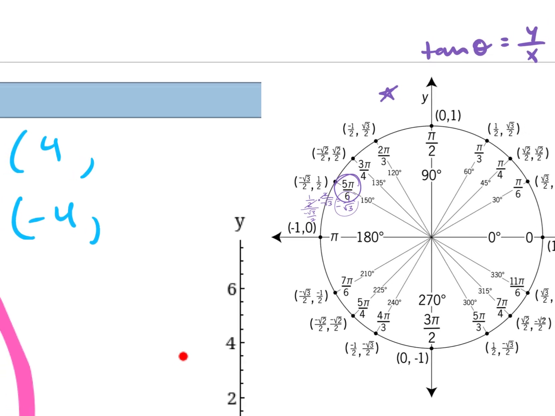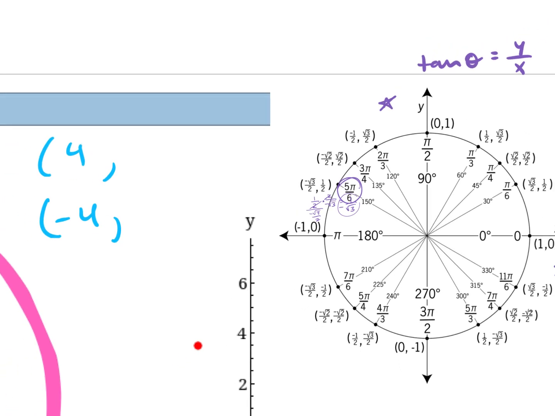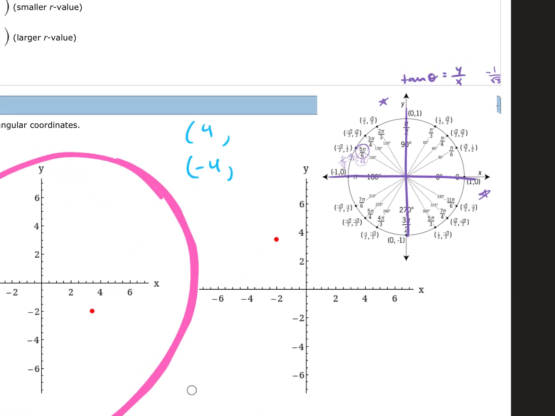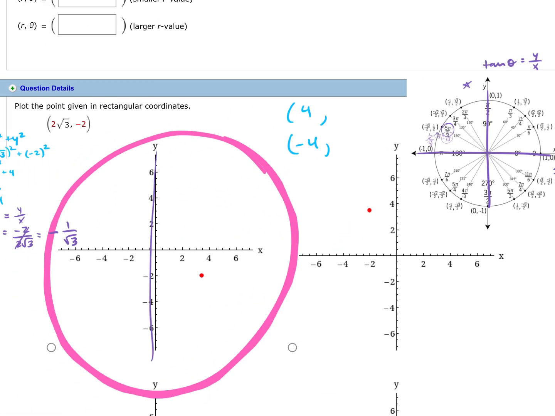So would 5 pi over 6 go with the positive 4 or with the negative 4? On my polar graph, 5 pi over 6 is in this direction over here.